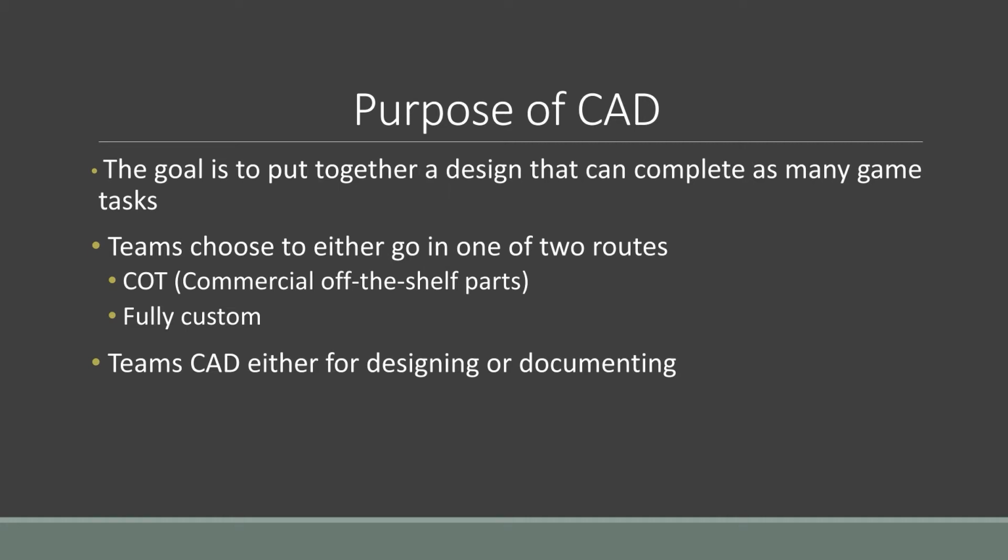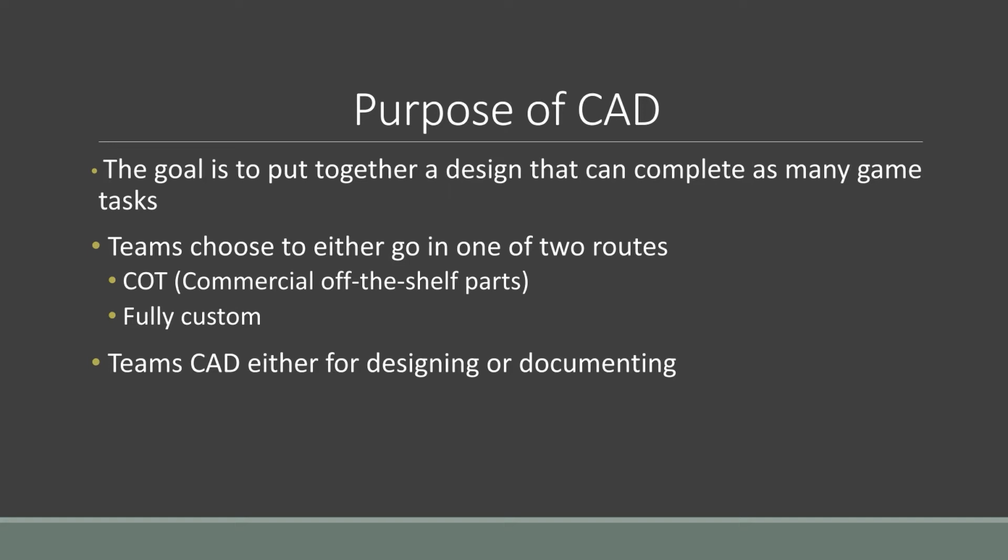It's just a matter of the team's available resources and preference. Usually, teams decide to CAD for one of two reasons. Either they decide to CAD for planning purposes, like 3846 Maelstrom, or they decide to do it for documentation purposes, like previously mentioned 4997 Masquerade.